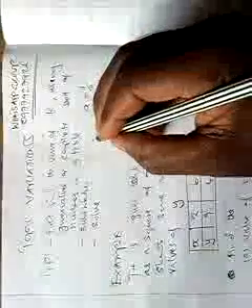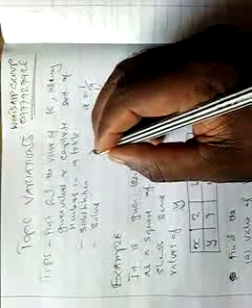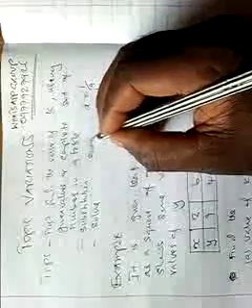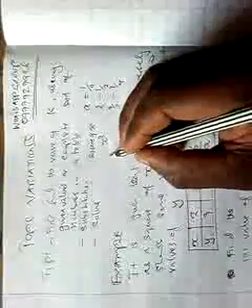Then square of x means x to the power 2. If they say cube of x, it means x to the power 3. So take note of these terms.